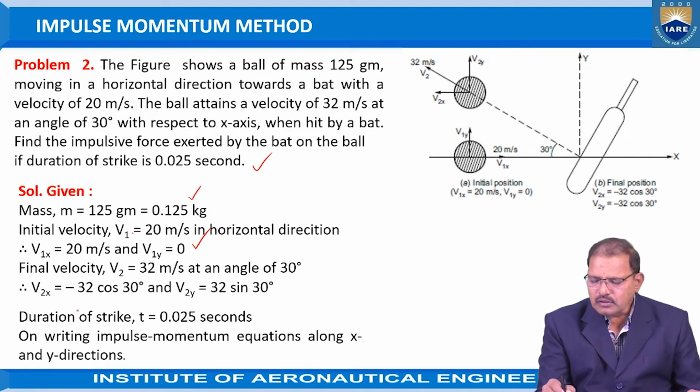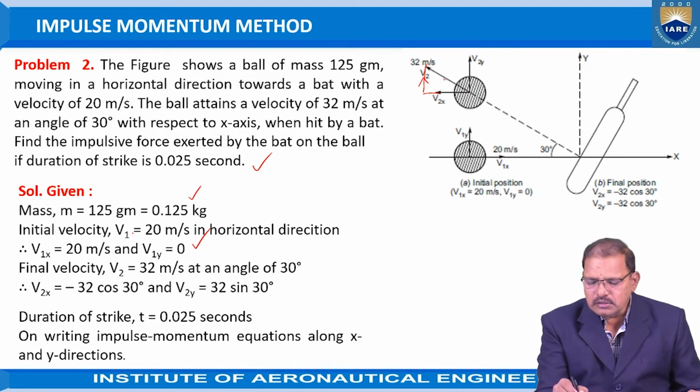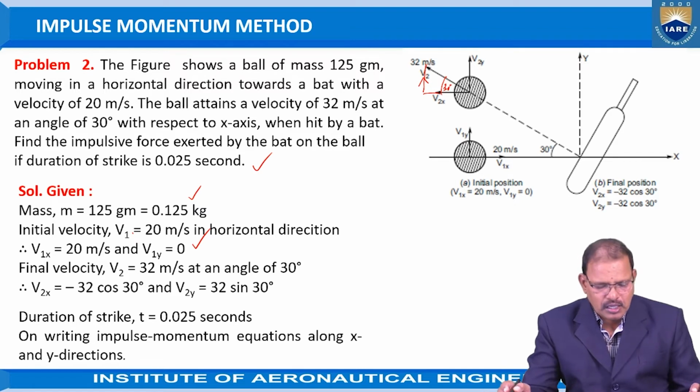Resolving 32 meters per second into x and y components, with the angle given as 30 degrees, v2x is equal to minus 32 cos 30 degrees and v2y is equal to 32 sin 30 degrees.